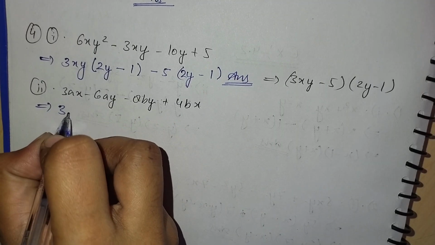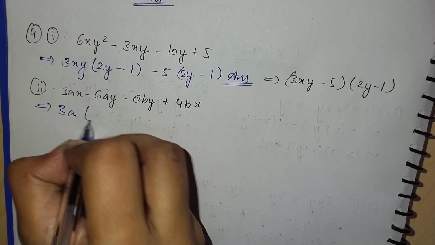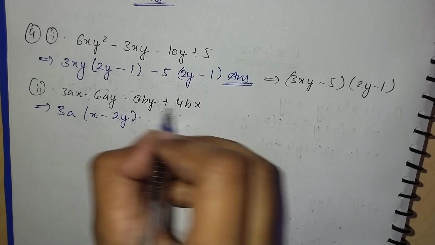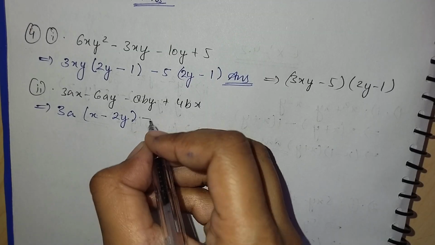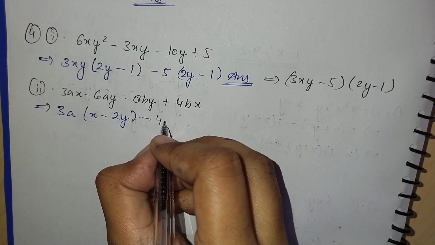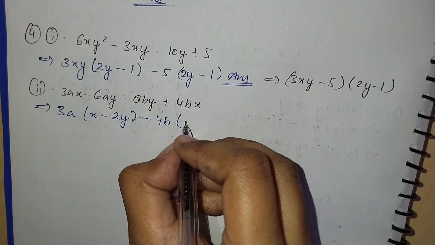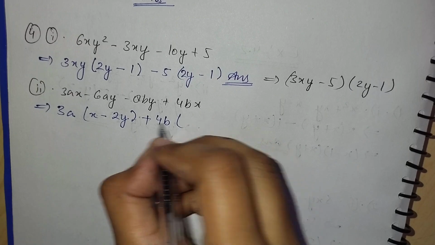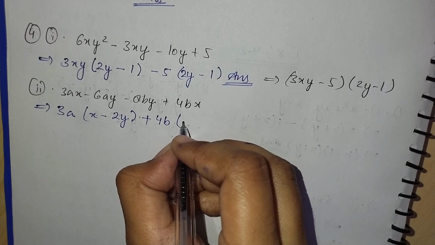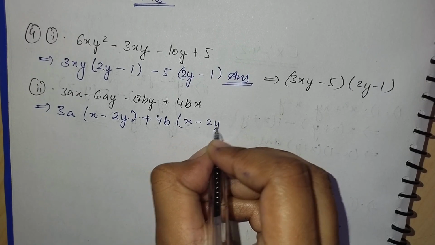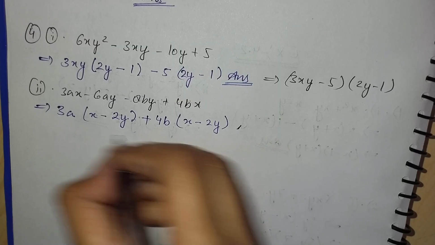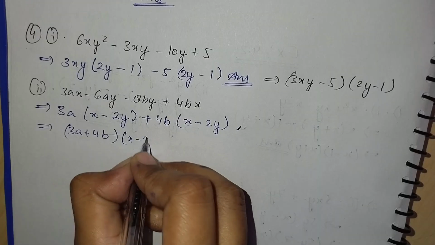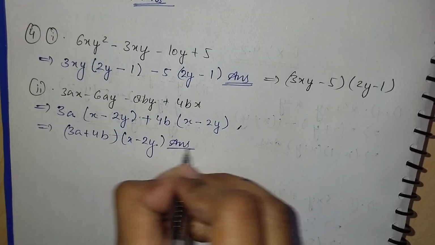So 3a times x minus 2y, and here we can take common as minus 4b. So we can write x minus 2y as the answer. So we can write 3a plus 4b, and x minus 2y is the answer in this question.